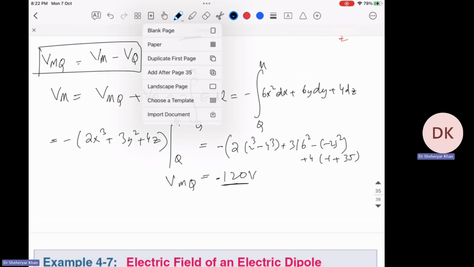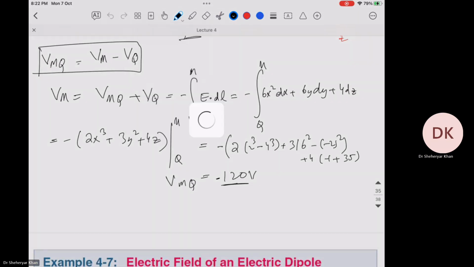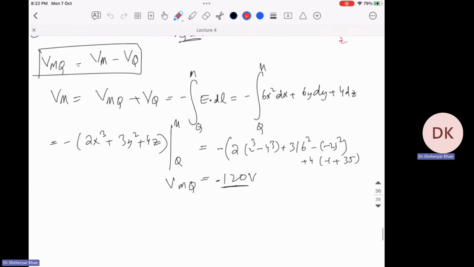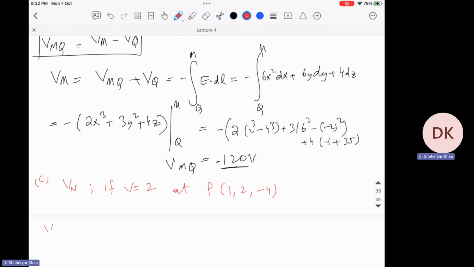The next question, the third part, is find Vn if voltage is 2 at P, point 1, 2, minus 4. Now, because 2 points are given, we can find Vnp.